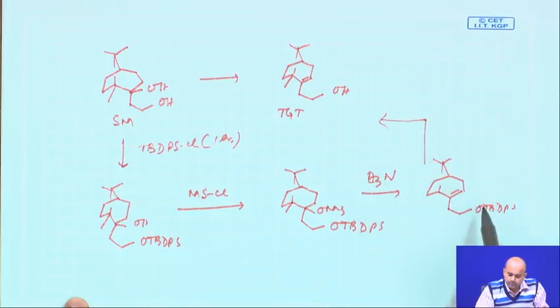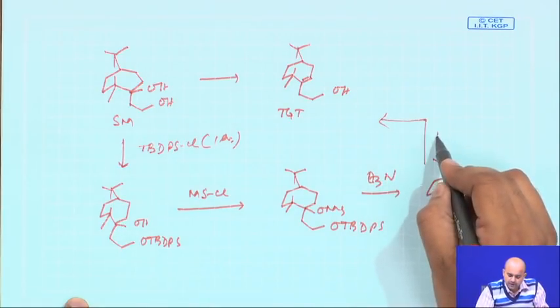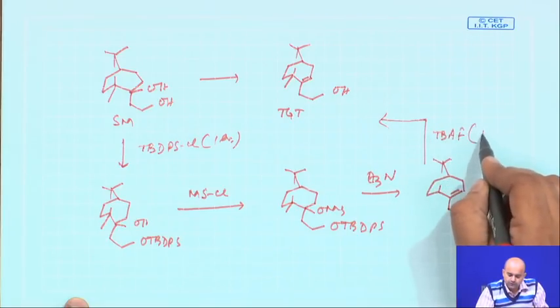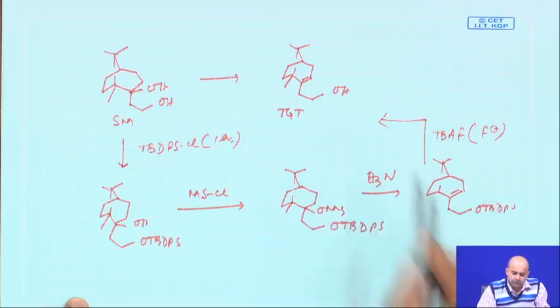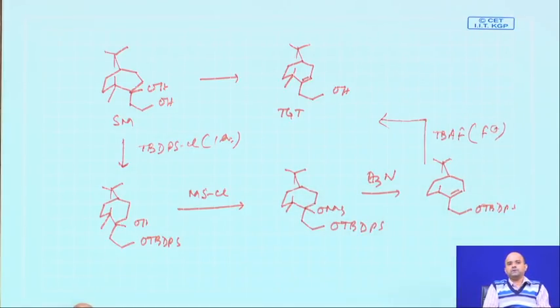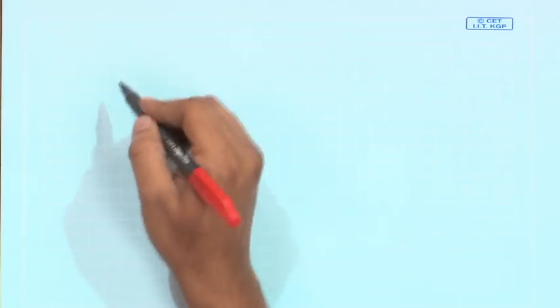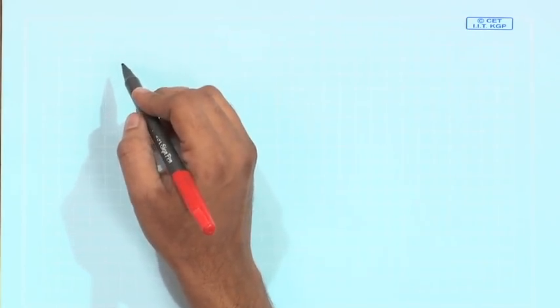The only thing is you need to remove this TBDPS, which you can easily do by treating with tetrabutylammonium fluoride, a nice fluoride source, and you get your target molecule. So, based on the structure of the desired product, you can efficiently design a pathway which is very useful and valuable.